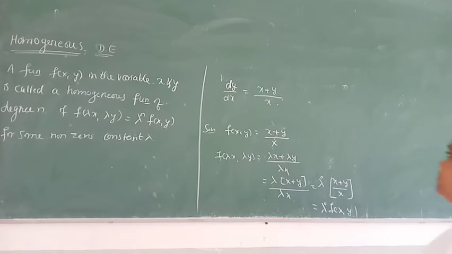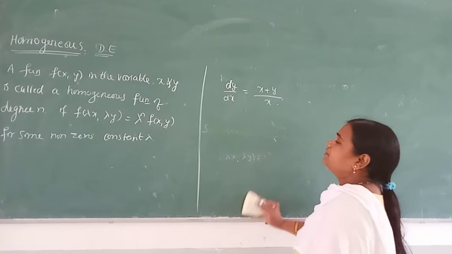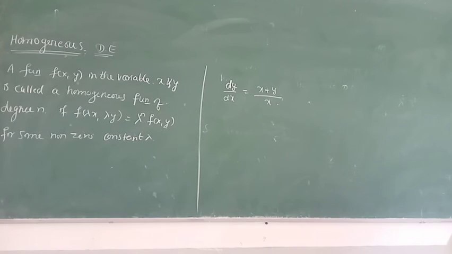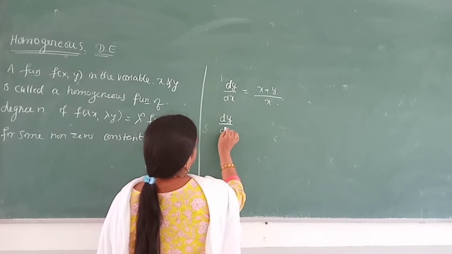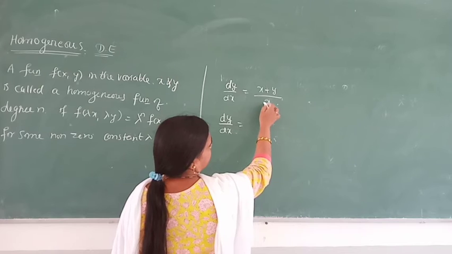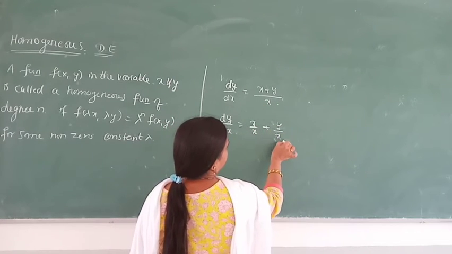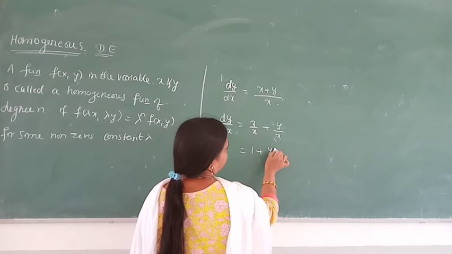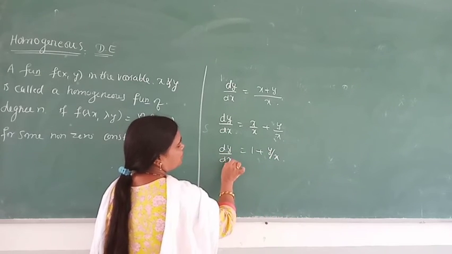Okay, by knowing this, next it says solve it, meaning you can convert either in terms of y by x or x by y. For that I will take dy by dx, divide by x separately, we get 1 plus y by x, meaning the differential equation is in the form of y by x.